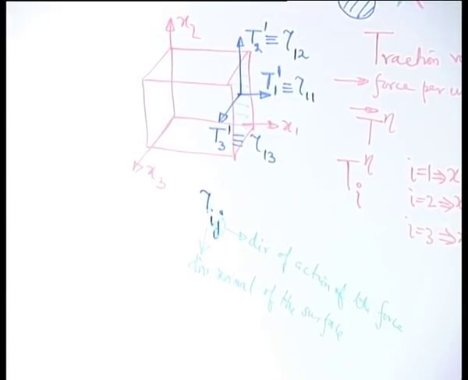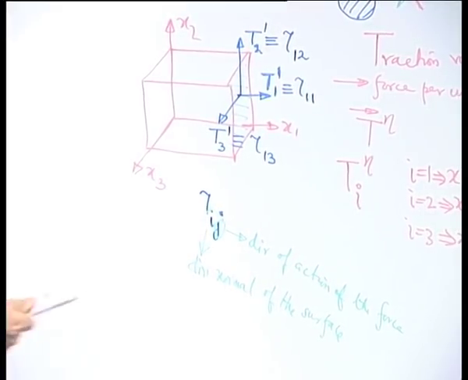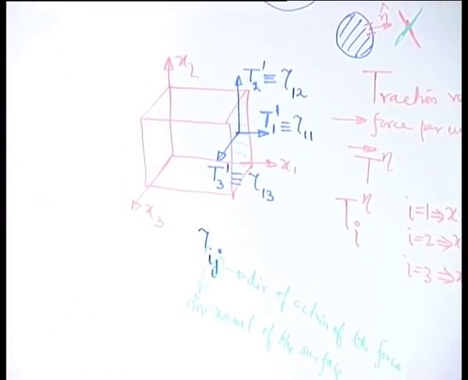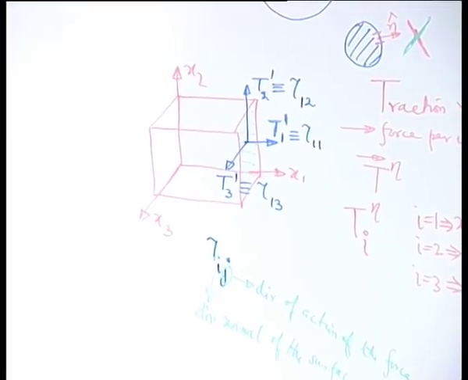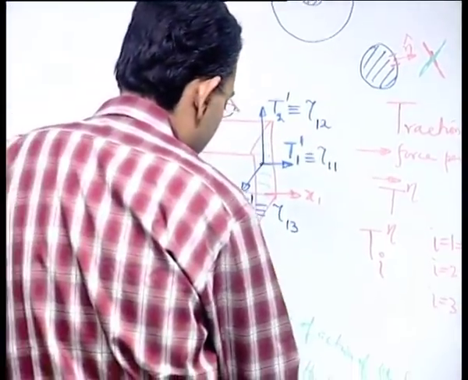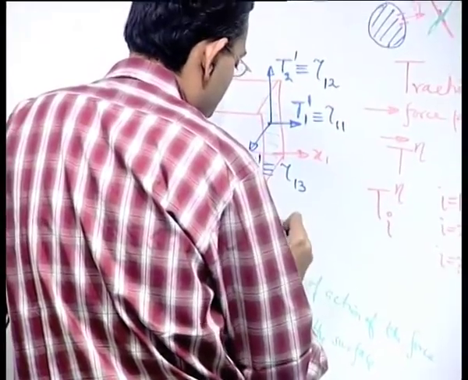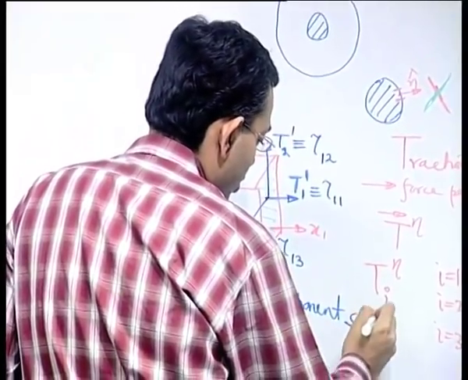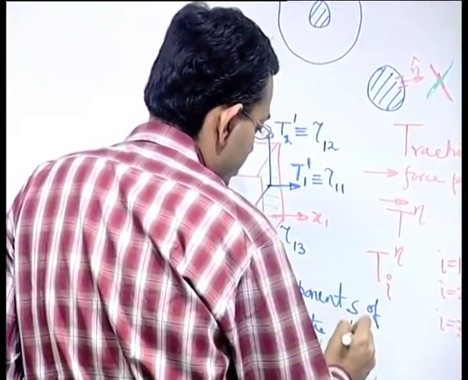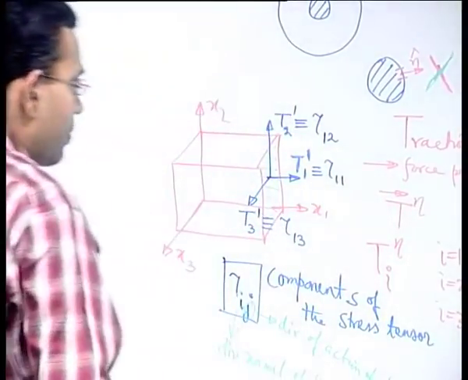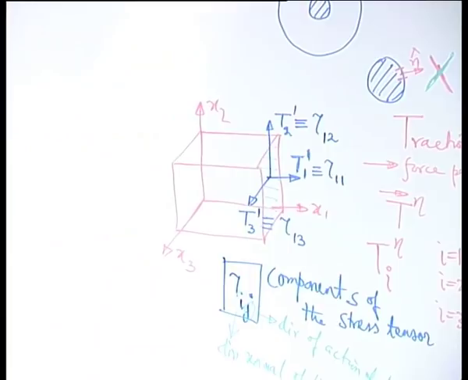So with this understanding, we can clearly make out that when we are writing this tau ij, these are formally called components of the stress tensor. So let us make a note of that. So you require two indices i and j.